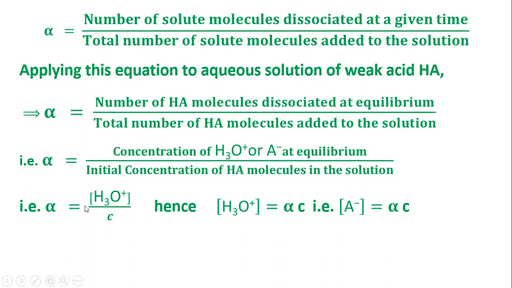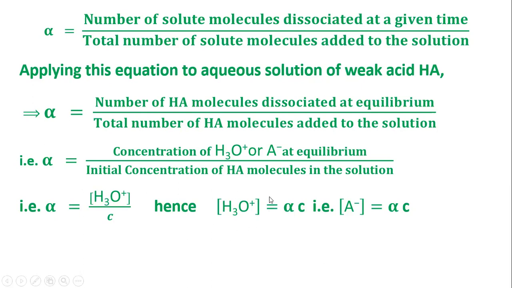So alpha is equal to concentration of H3O plus divided by C, that is the initial concentration of HA. And hence the concentration of H3O plus ions equals, you can take C to this side, alpha C.